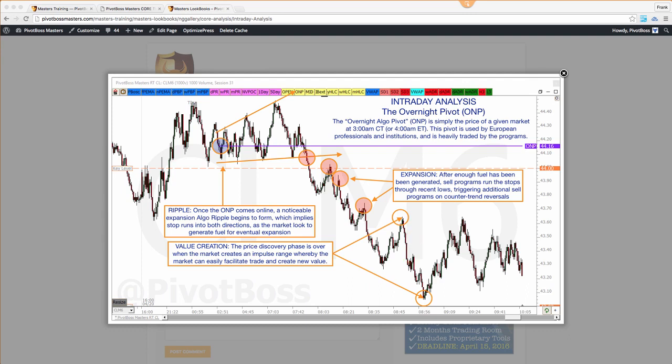If you go back and look at the algorithmic and program analysis discussion that we did, which I believe is day 2 of last week, it talks a little more about volume bars and why they're important. For the most part, volume bars allow you to see the signatures that the programs and the algos leave behind much more easily than in a time-based bar.